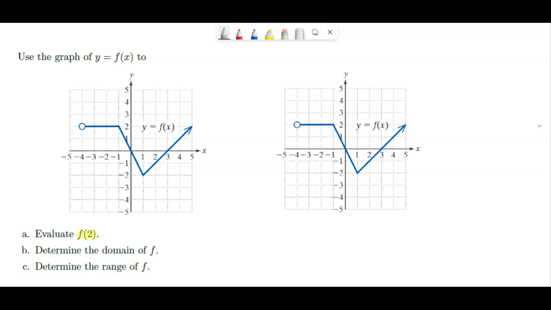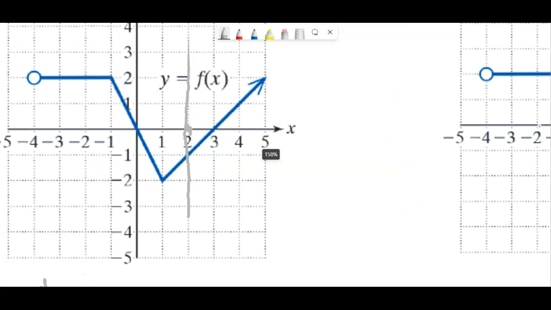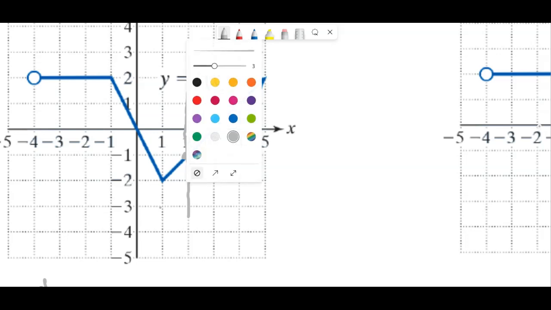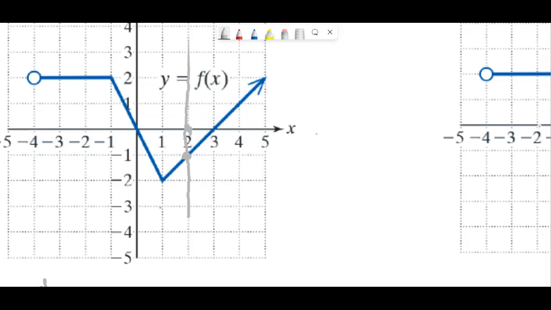So we can understand here, if we are looking for f of 2, that x is 2, all right? So we're going to go to the 2 here, and then that's on the x, and then we're going to trace the vertical line and the point where you're going to intersect the graph over here, this one, we're going to trace right now the horizontal line from that point.